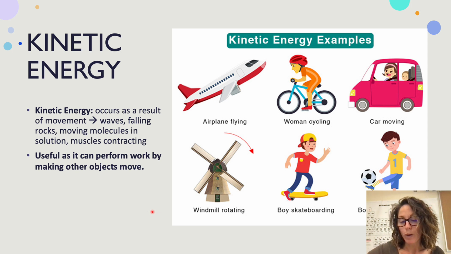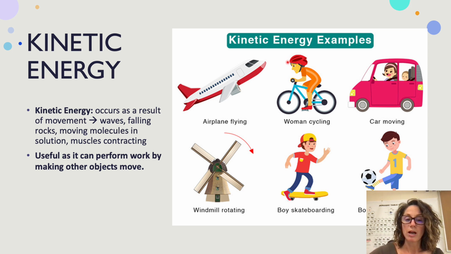For example, waves crashing against the shore, which can be used to harness other forms of energy, falling rocks, moving molecules in a solution, and muscles contracting. Kinetic energy is useful because it can perform work by making other objects move.